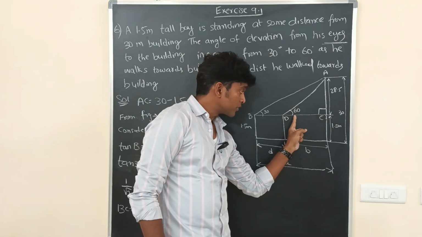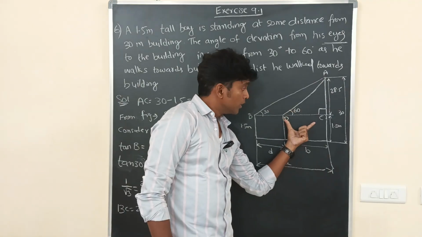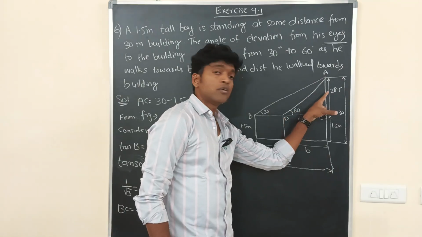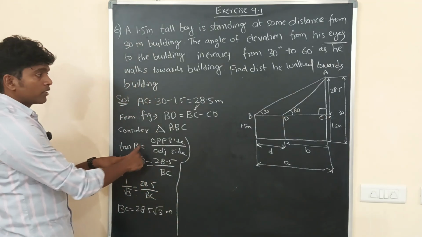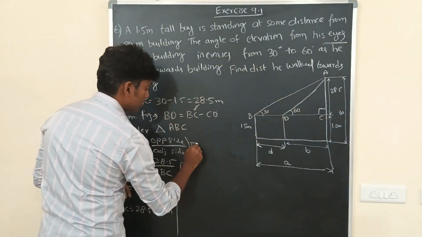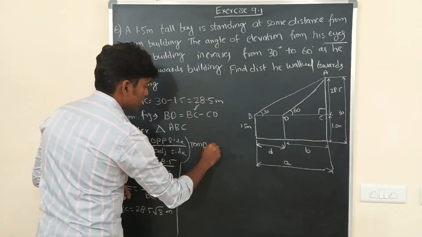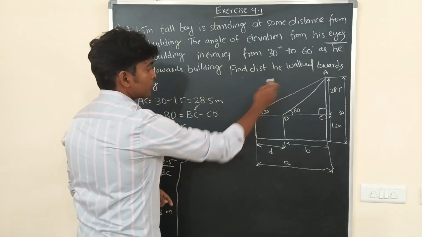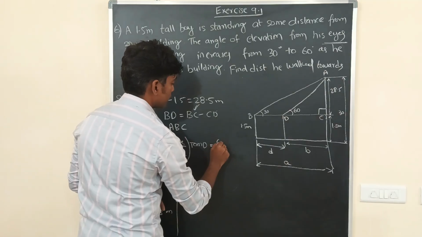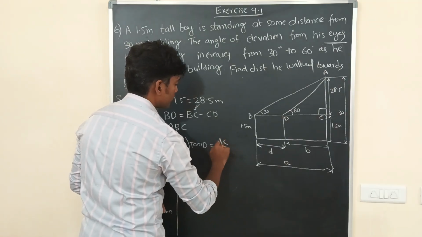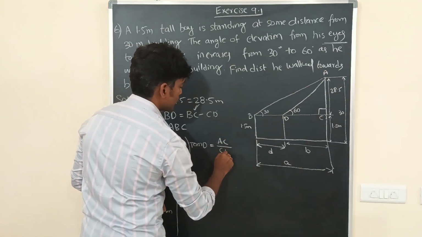So for this one, adjacent side is CD. We require this length. We have opposite side. So again this formula only. Tan D is equal to opposite, which is CA, means AC, divided by CD.